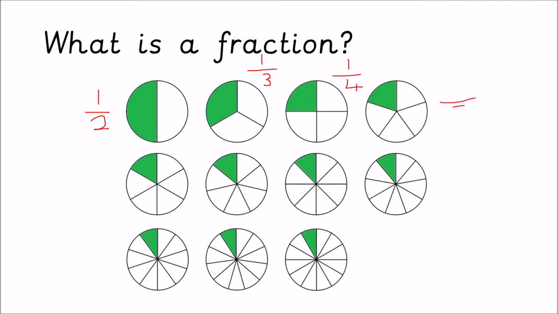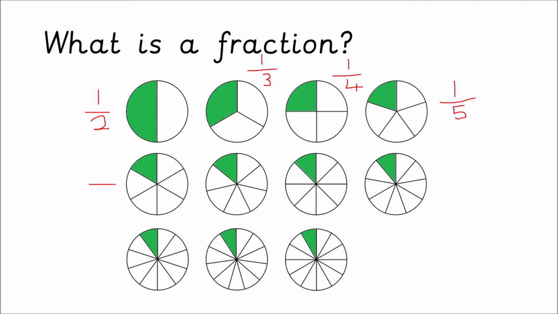Here I have divided my shape into 5 equal pieces, and 1 out of 5 of those pieces is shaded in. So we have 1/5 represented by this shape. And it's that simple, it carries on the same way.